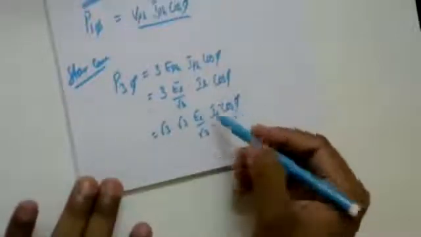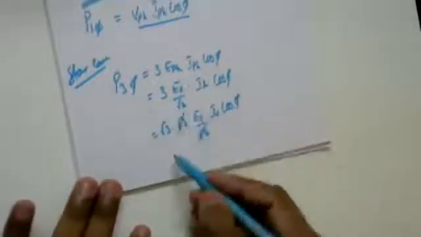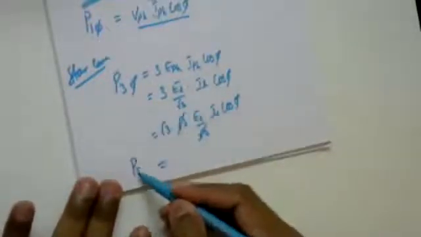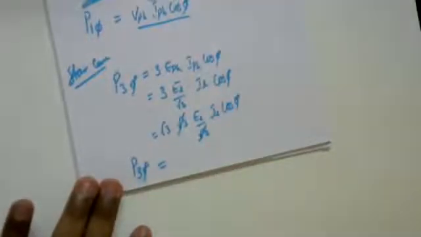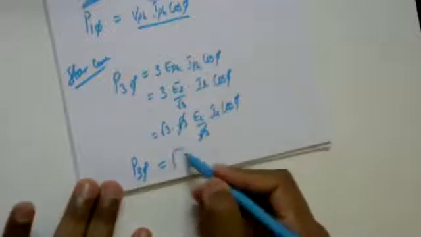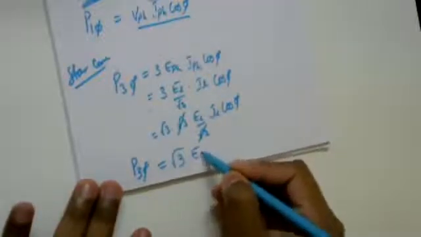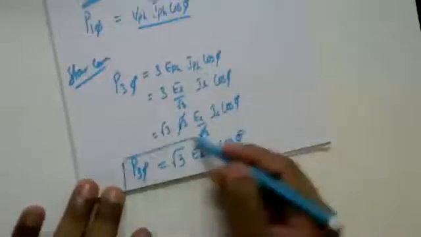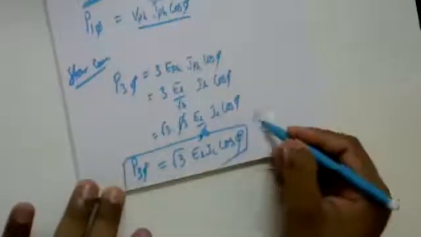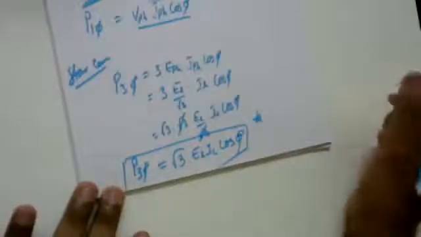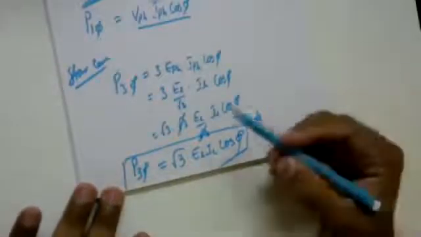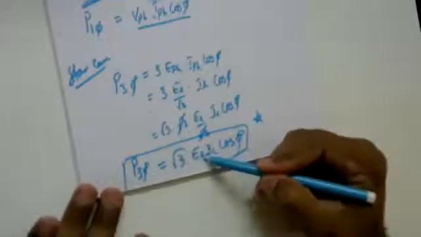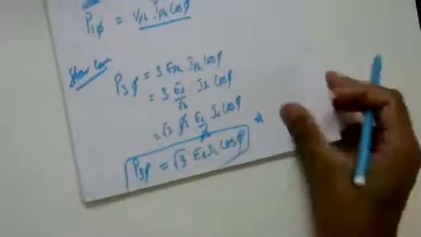Now here root 3 gets cancelled, giving out the power in the three phase circuit. Power in the three phase circuit is given by root 3 EL IL cos phi. You should remember this. The power consumed by the three phase load is given by root 3 EL IL into cos phi. Is it clear?